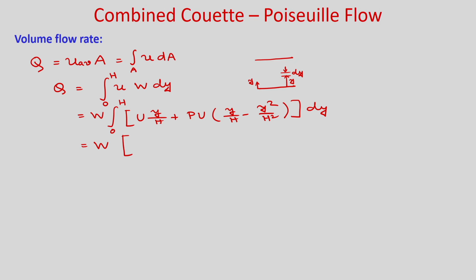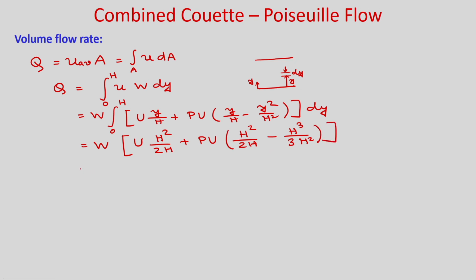Now, if you integrate it, it will be y square by 2, so it will be h square by 2h plus p u. Here also you will get y square by 2h. So, if you put the limits, then you will get h square by 2h minus y cube by 3, so h cube by 3h square.